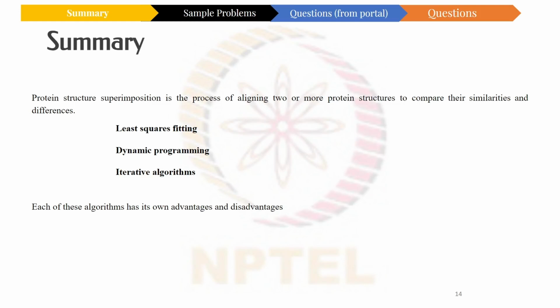So similarly, for protein structure alignment or protein structure superimposition, we have three different methods. First is least square fitting. In this method, imagine you have two protein structures and you want to see how similar they are. This method aligns these structures by finding the best possible match for their C alpha atoms.